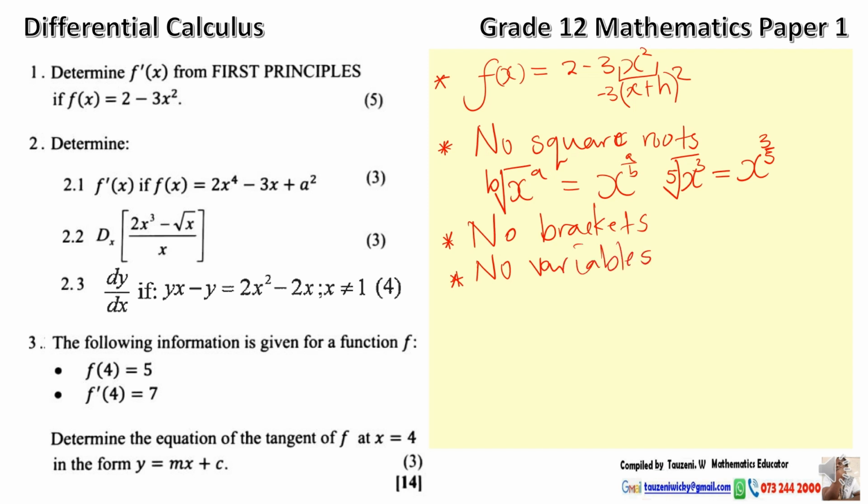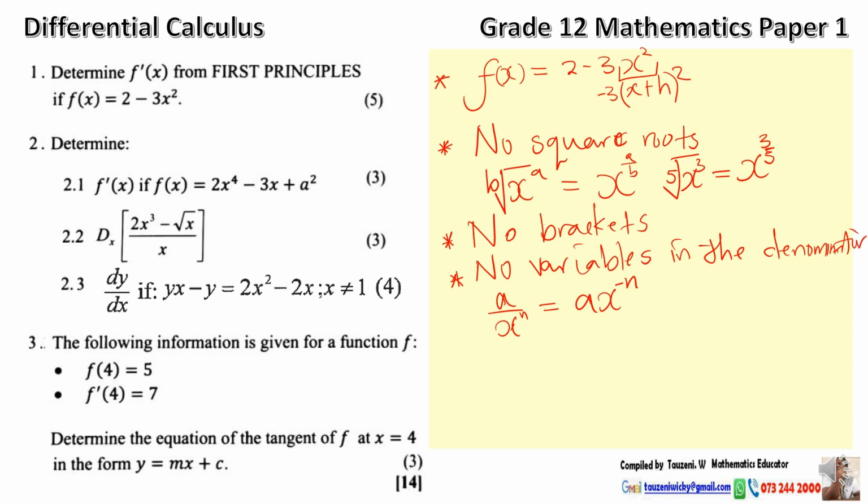No variables in your denominator. If there are variables in the denominator, then you must use the laws of exponents to simplify the expression. A over x to the power of n can be expressed as a x to the power of negative n. This is how we get rid of variables in the denominator.